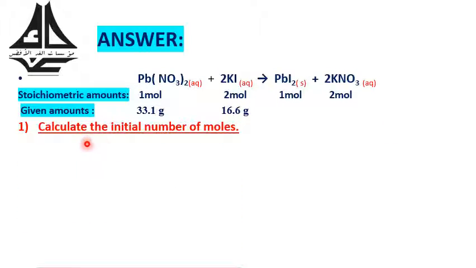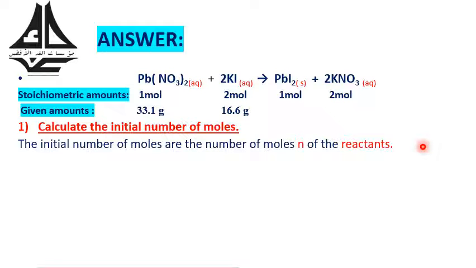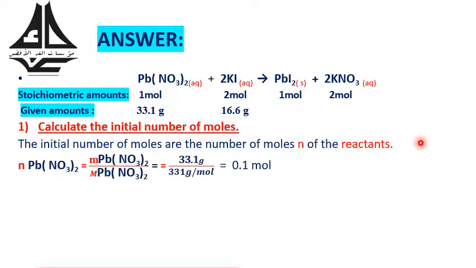Question number 1. Calculate the initial number of moles. You have to know that the initial number of moles are the number of moles, small n, of the reactants. So we just apply our formula.